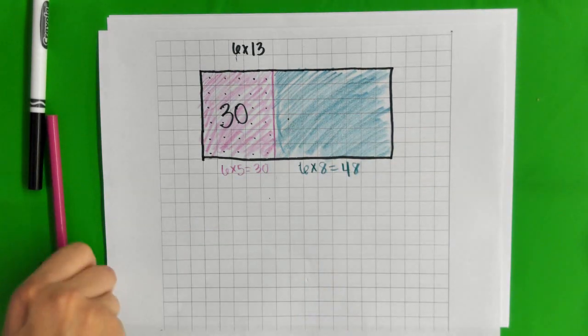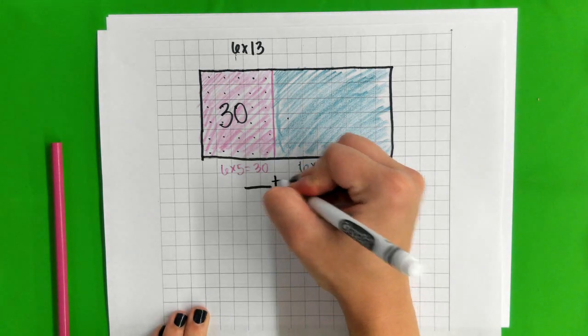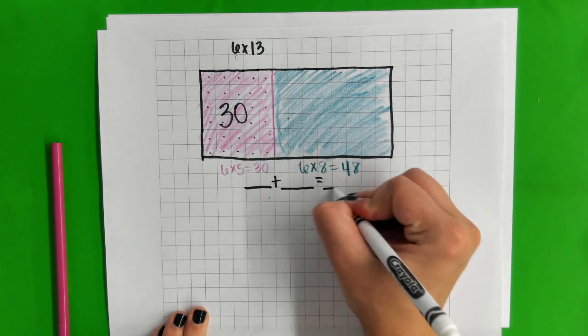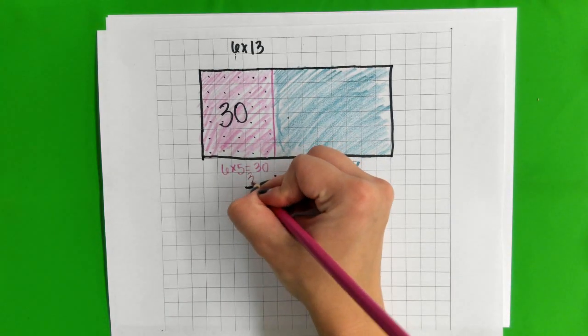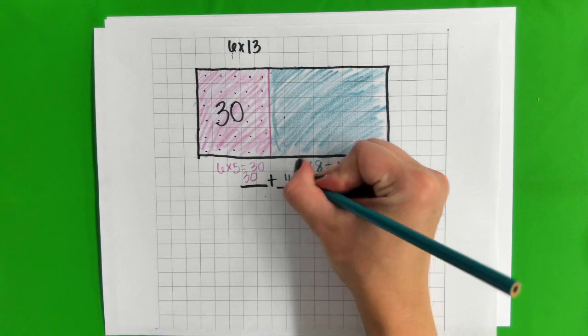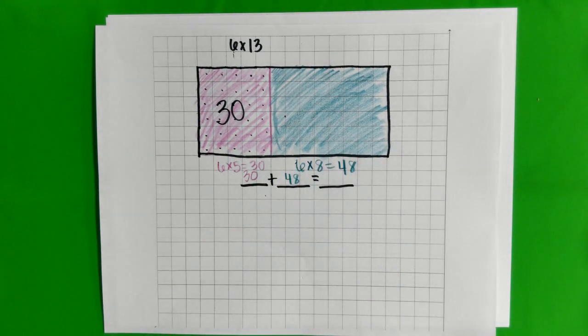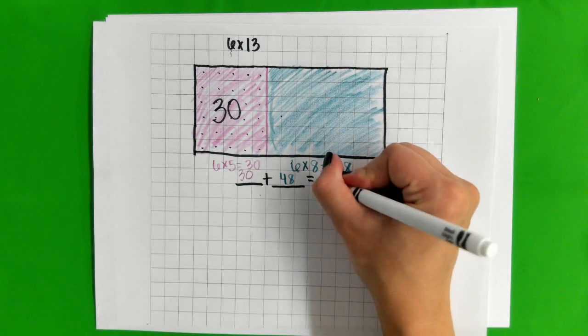So then I can now take my numbers and plug them in. And I have 30 plus 48, and that's going to equal 78.